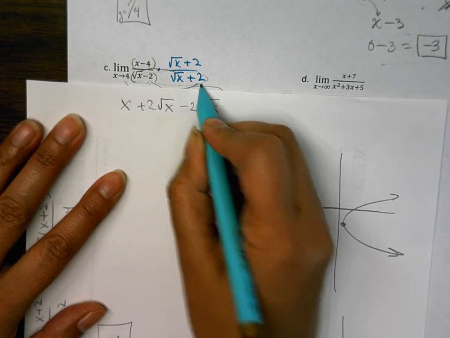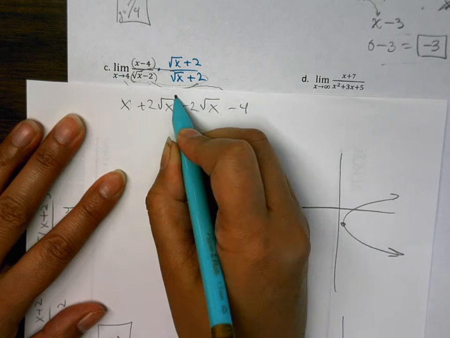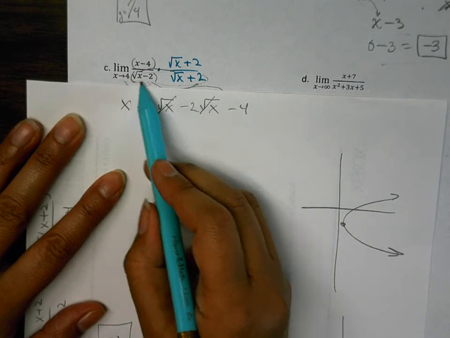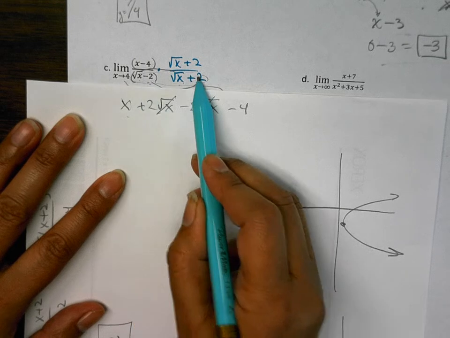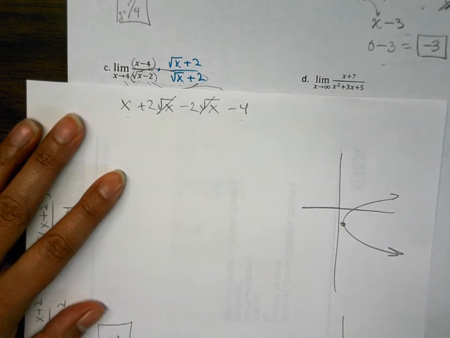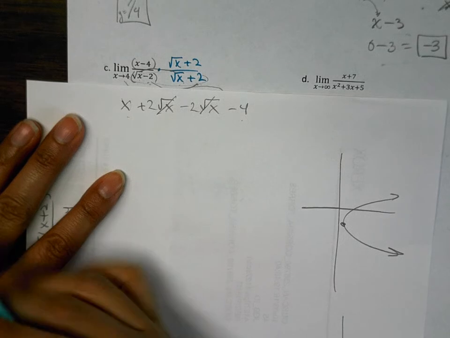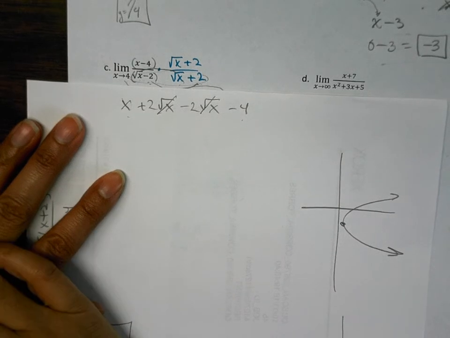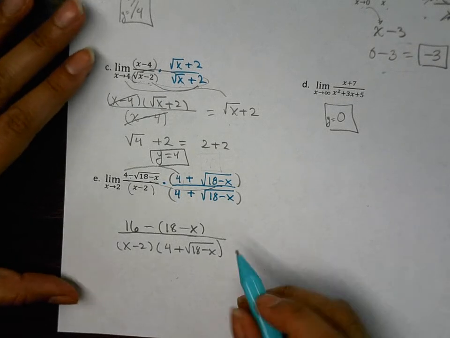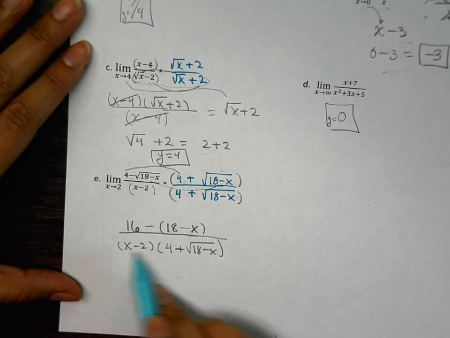Negative 2 times root x is negative 2 root x. And negative 2 times 2 is negative 4. The middle terms will always cancel out whenever there's a conjugate. So it's just root x times root x and negative 2 times 2. That was a shortcut that they've been using, I think, since last year. And we used a little bit first semester. And you weren't here first semester. Okay, you guys got it?